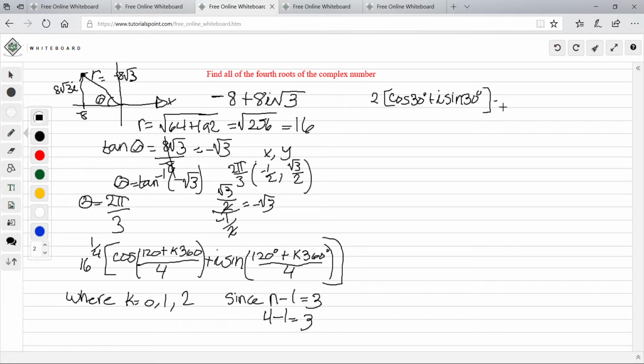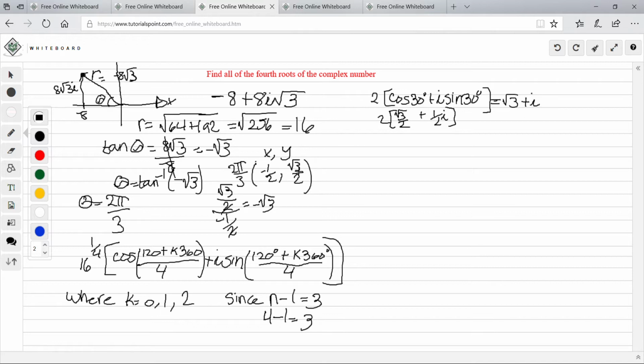We know cosine of 30 degrees is root 3 over 2, and sine of 30 degrees is 1/2. So you get root 3 plus i.